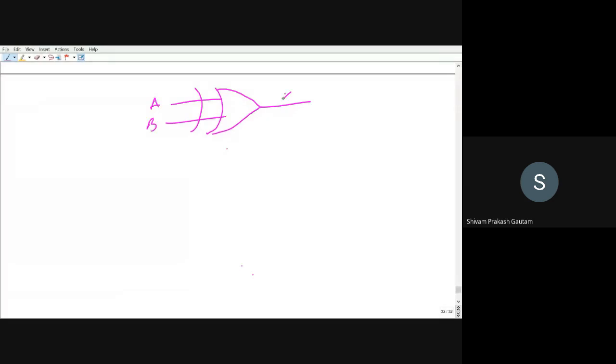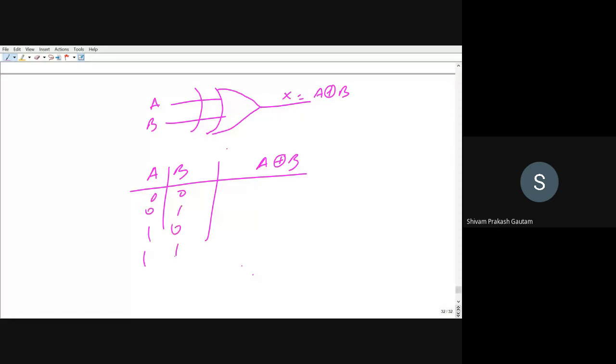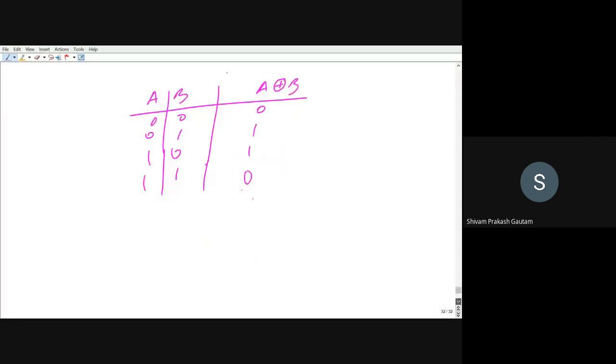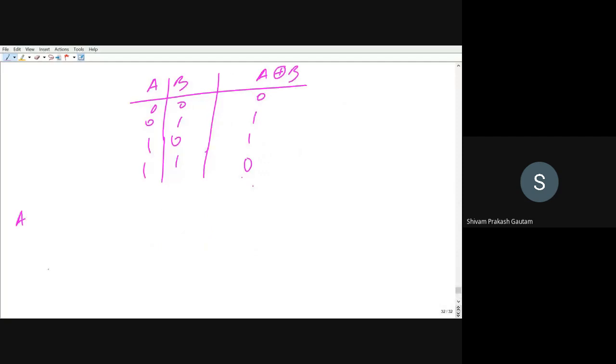A XOR B, right? The truth table has inputs A, B and the output A XOR B: 0 0 gives 0, 0 1 gives 1, 1 0 gives 1, 1 1 gives 0. You can see the output is high whenever the two inputs are complements of each other, and whenever the inputs are the same, the output will be 0. You can remember it like this as well, right? For this we will draw the pulse waveform. Again, I'm drawing randomly.